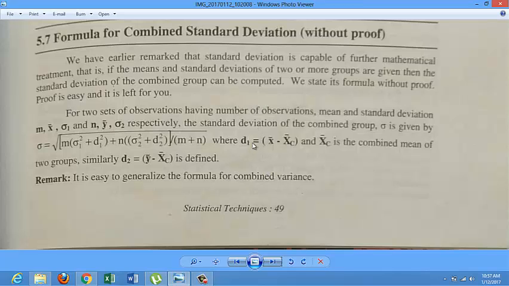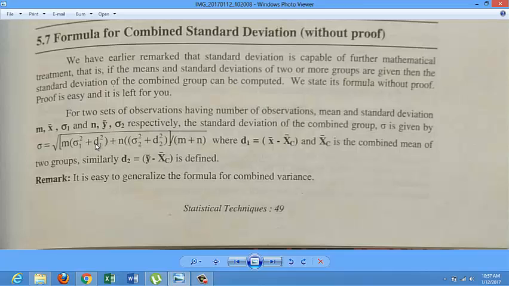So this is all about the combination of standard deviation. This is the formula that I have explained. M is the number of observations for the first, N is the number of observations for the second, sigma 1 is a standard deviation, sigma 2 is also a standard deviation.